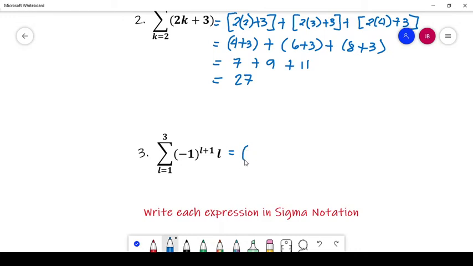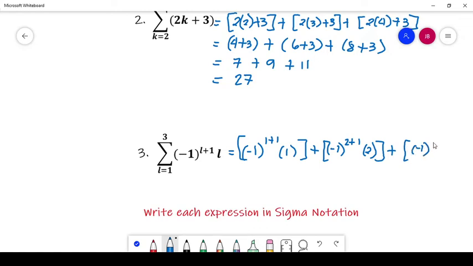Okay, so we have negative 1 raised to 1 plus 1 times 1. Use brackets. Plus negative 1 raised to, this time, 2 plus 1 times 2. Okay, plus negative 1 raised to 3 plus 1 times 3.